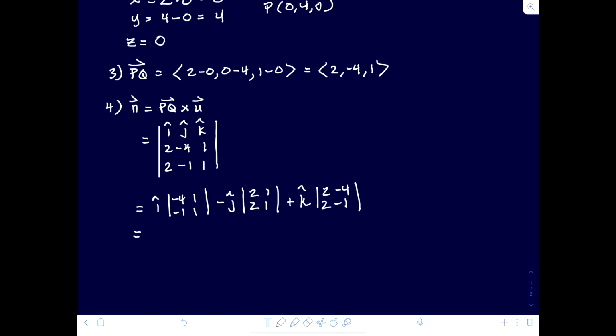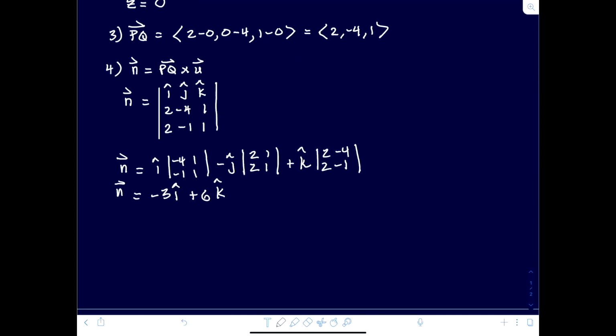That will give us -4 minus -1, which is -3i, and then the j will zero out, and then we'll have -2 minus -8, which is plus 6 times k. And remember, this is the vector normal to the plane.